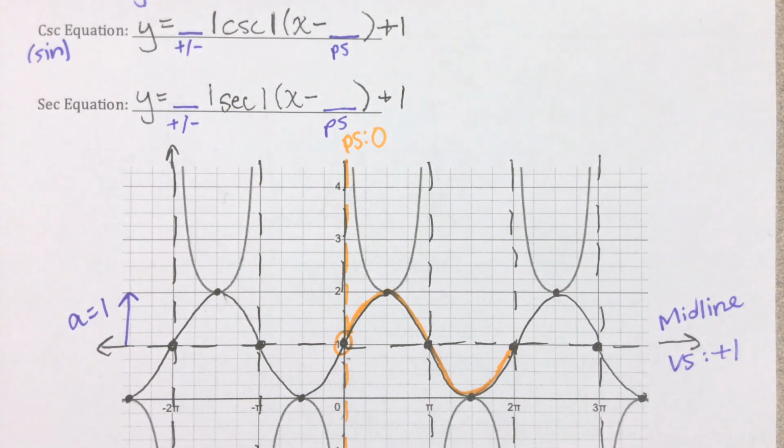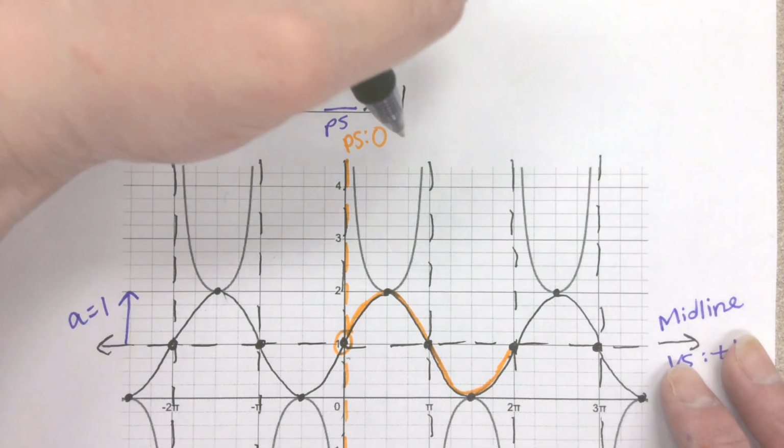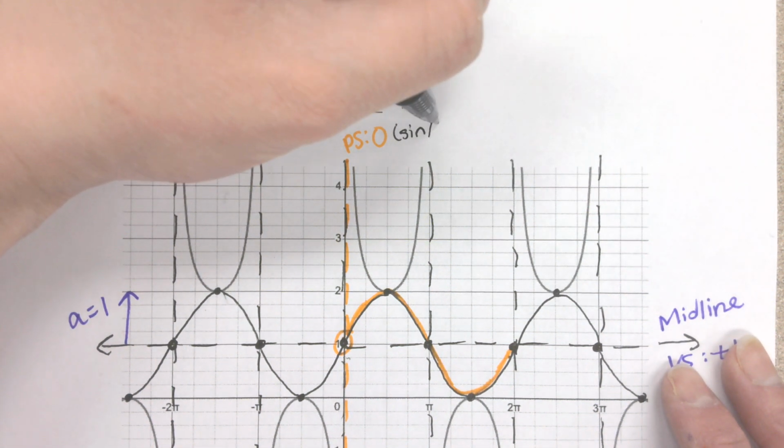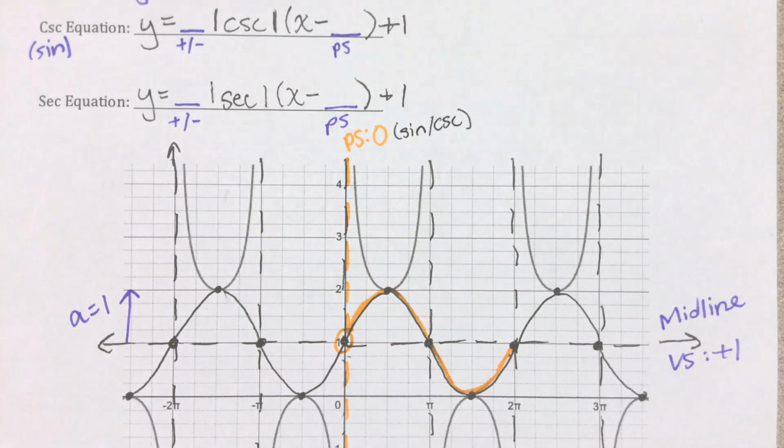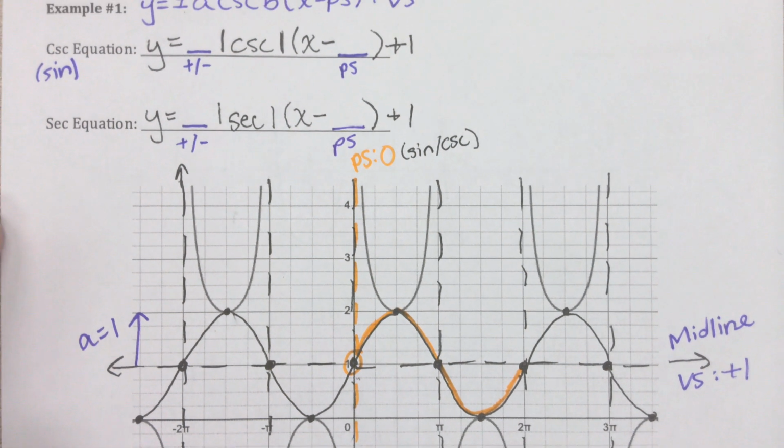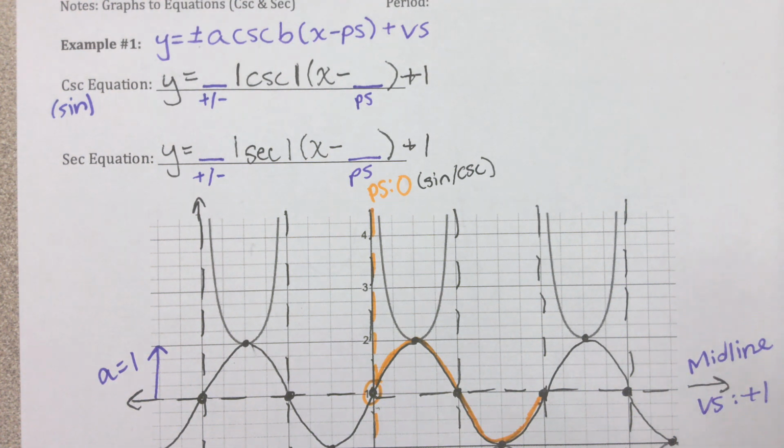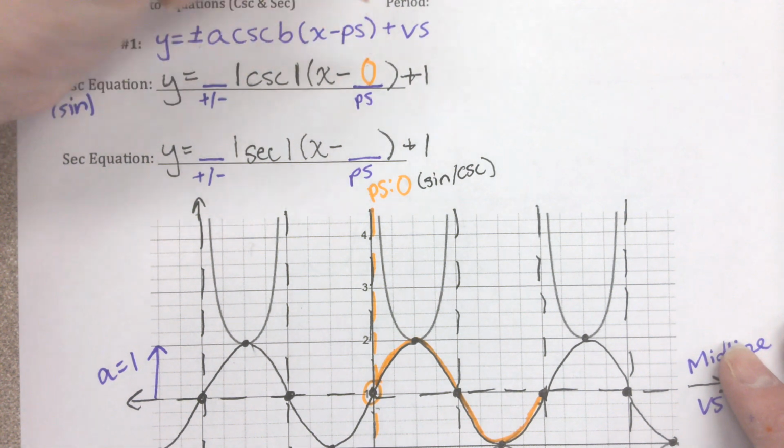Phase shift of 0. And again, that's for the sine slash cosecant curve. So up in my equation, I'm going to write 0 for the phase shift.